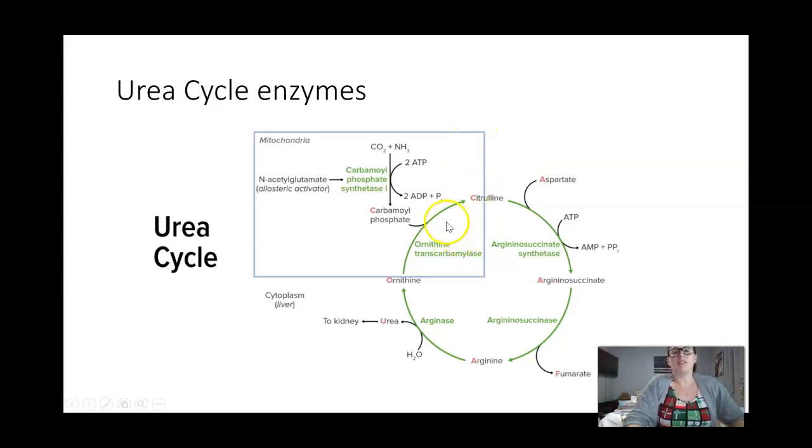Therefore, it's most likely that the deficiency is in OTC, and we most likely don't have any deficiencies in the downstream enzymes, such as argininosuccinate synthetase, argininosuccinate lyase, or arginase, due to the buildup of carbamyl phosphate and not the excess of the rest of these substrates.